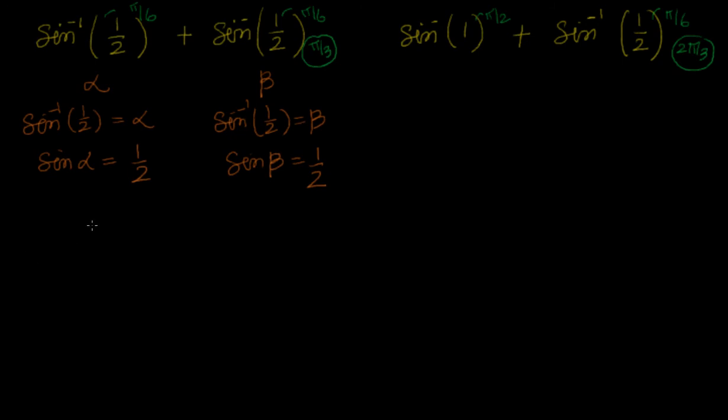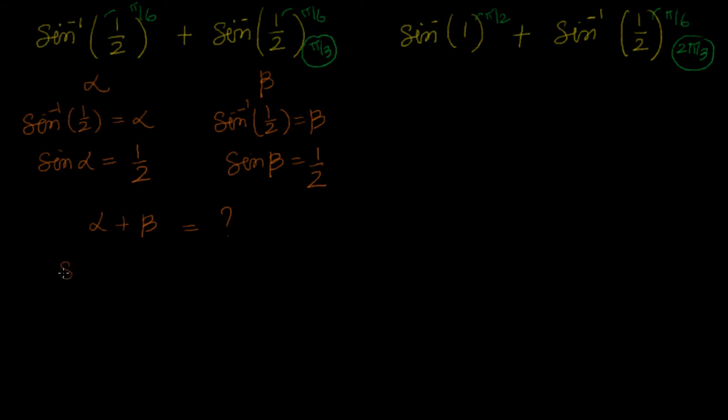Now we have to find out the value of alpha plus beta. Since I know sine alpha and sine beta, if I can find cos alpha and cos beta, then I can apply sine on this and find the value. Then I will take off the sine on both sides and I should be able to get the value.